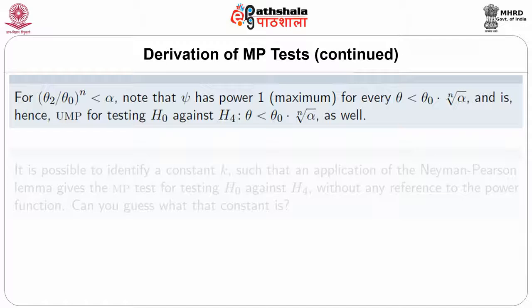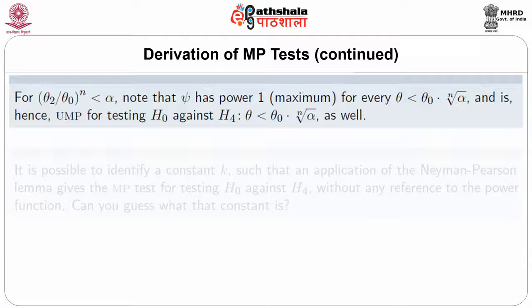So, we cannot say that this is a uniformly most powerful test against theta less than theta naught. Here we can say that this test psi is uniformly most powerful at level alpha for testing H naught against theta lying between theta naught alpha to the power 1 by n and theta naught, because this condition is essential: for any theta 2 lying in between, we have psi as the uniformly most powerful test.